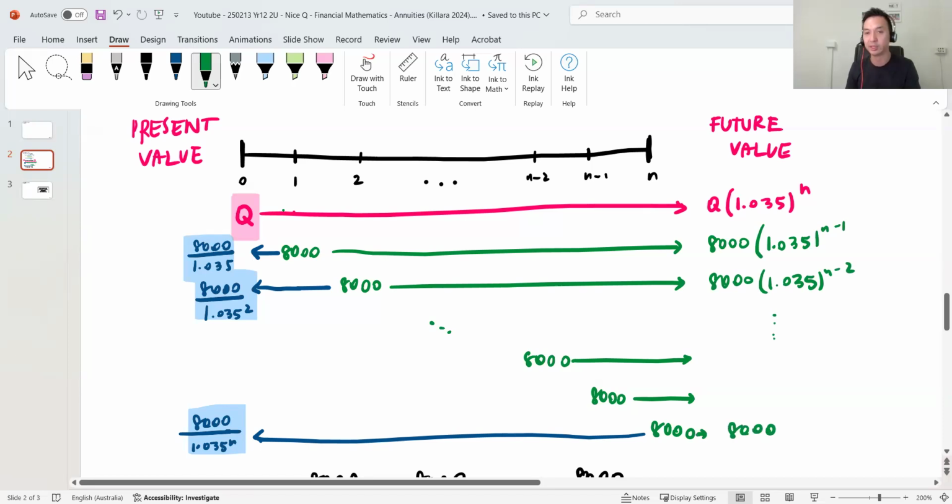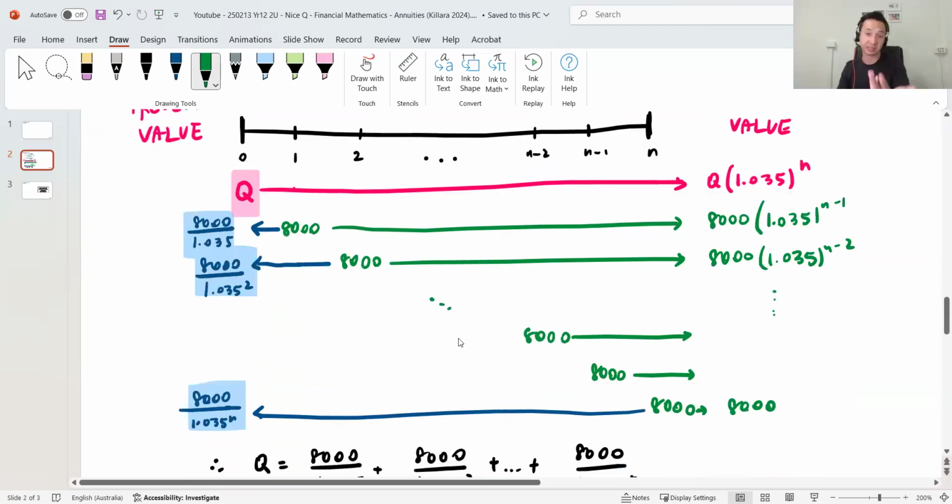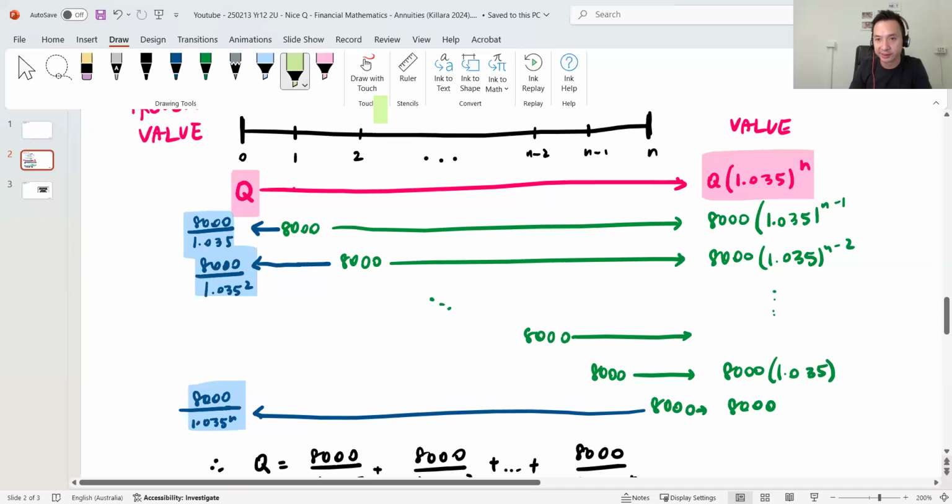There's no compounding, because she withdraws at the end of the last year, which is no compounding. And this one here, maybe 8,000 times 1.035. Now, the pink is supposed to equal the sum of all the greens.